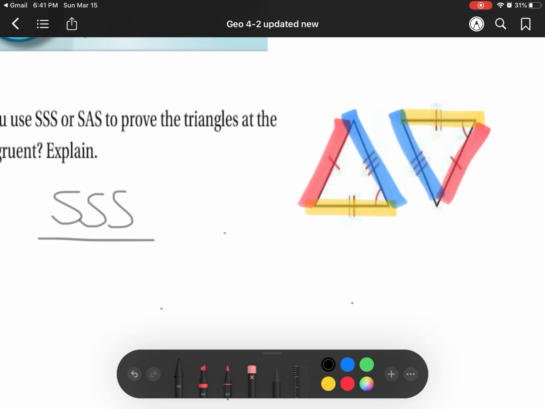Okay, let's see if the angle that is given is between the yellow and the blue. Here it's given in the first triangle, or triangle number 1. It's given between the yellow and the blue lines, and the angle is given. Is the other angle given between the yellow and the blue?